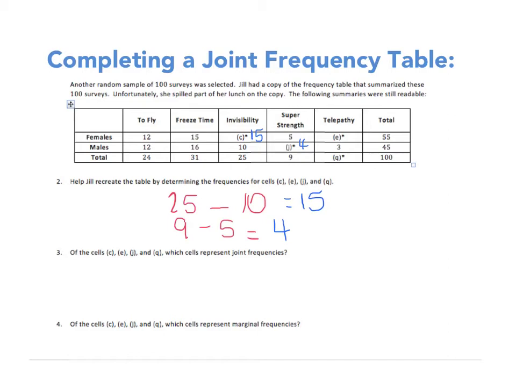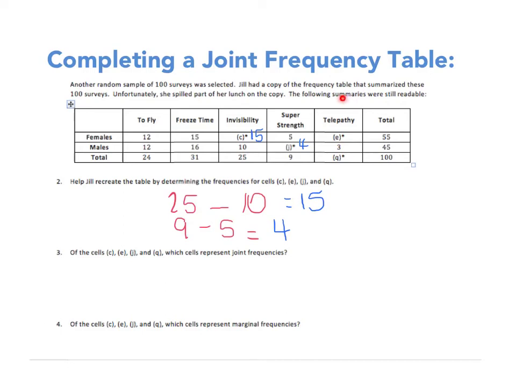And if we wanted to check this, we could add up all the rows and make sure we get 45. So 12 plus 16 is 28. 28 plus 10 is 38. 38 plus 4 is 42, and 42 plus 3 is 45. So we did that correctly.